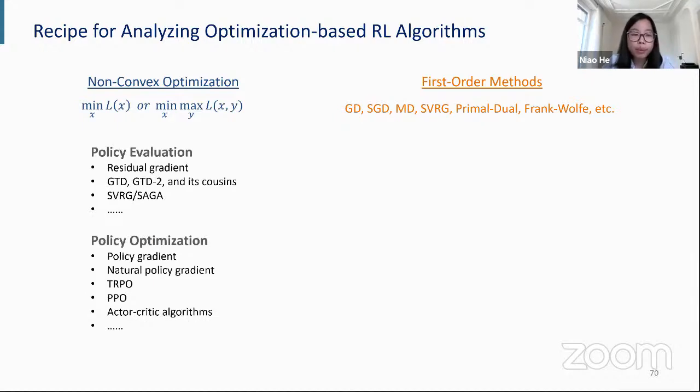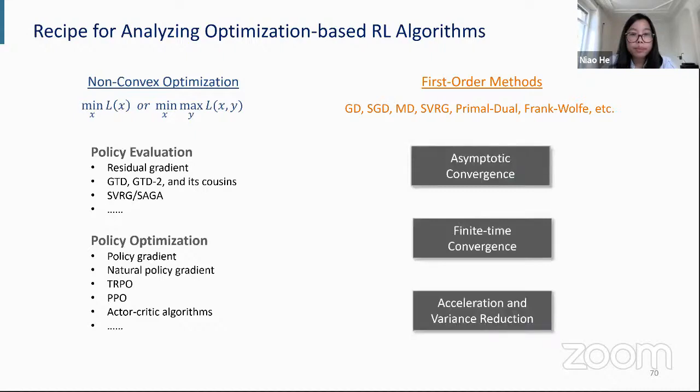I'm just giving you a couple of examples. For instance, people have been using primal-dual algorithms for policy evaluation, and variance-reduced methods also for policy evaluation. And there are lots of first-order methods for policy optimization as well.